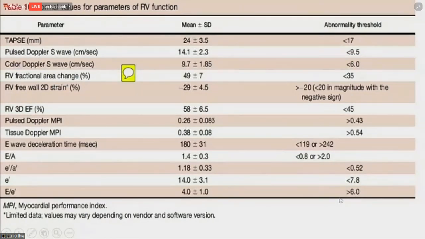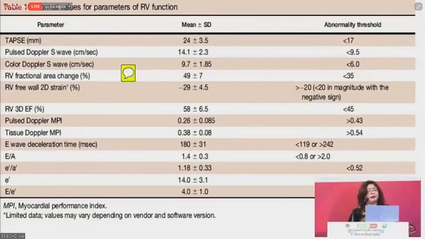So this RV function is a jumble of parameters. If we calculate it in a cool way, we can take all the parameters.